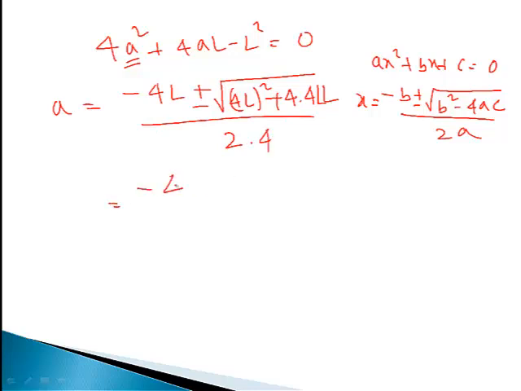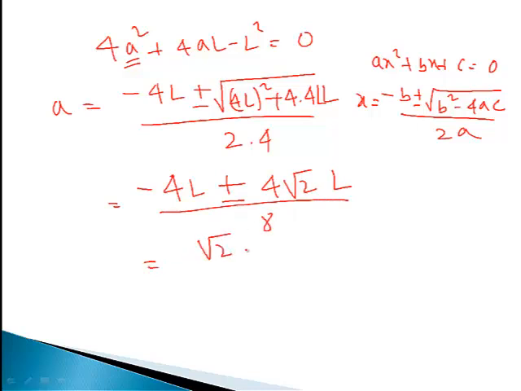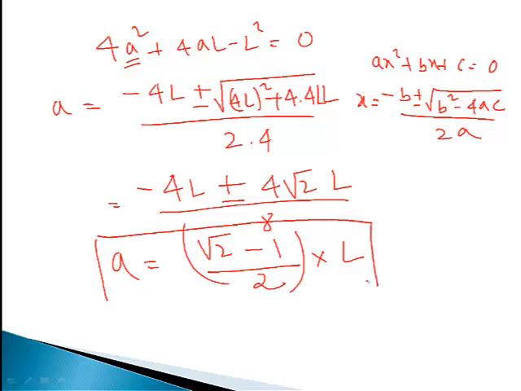So if you solve, you will get minus 4L plus 4 root 2 L, by 8. If you just solve it, you will finally get (root 2 minus 1) by 2 into L. Okay, so A will get this value.